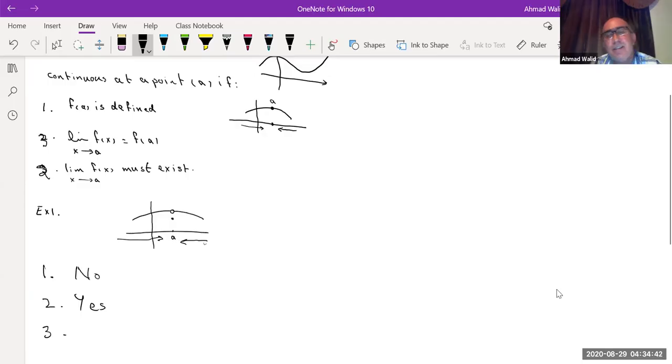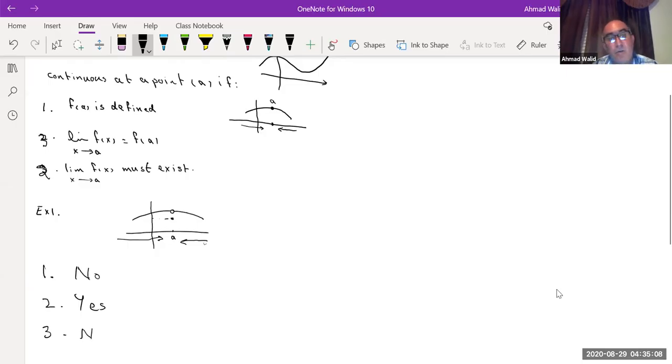When there is a hole, it means this point is not there on the graph. Maybe it's here. This is the limit. This is f of a. The limit of f of x is not equal to f of a.